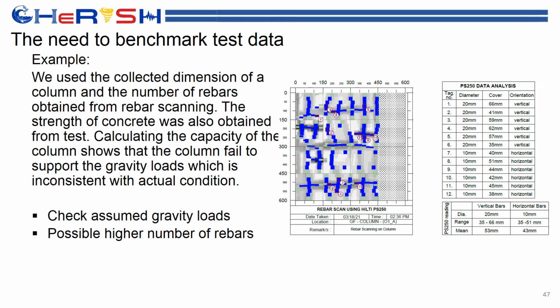We need to check if the information we obtain matches the actual condition. In doing so, we need to check if we are using the right gravity loads in our assessment, or if the number of reinforcement or diameter of reinforcement we use in calculating the capacity are actually accurate.